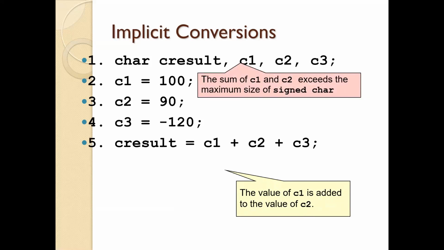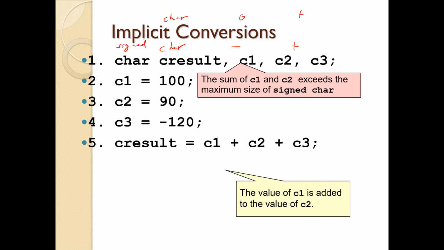The sum of C1 and C2 exceeds the maximum size of a signed char, right? A char obviously would exceed that because a signed char goes from negative to positive, whereas the unsigned char goes from 0 to positive.